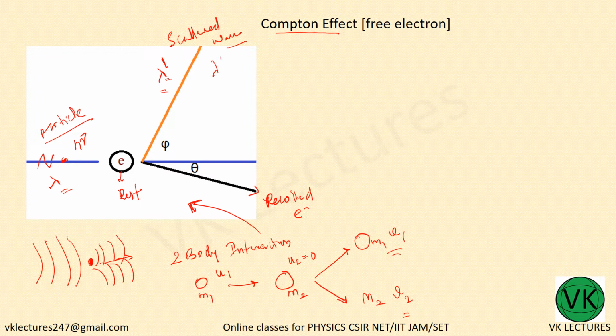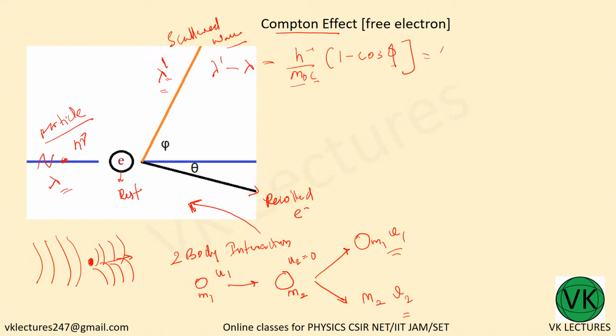So lambda dash minus lambda is equal to h by m naught c into 1 minus cos phi, where h is the Planck's constant, m naught is the rest mass of the electron, c is the speed of light, and phi is the angle between the scattered wave and the direction of incident.